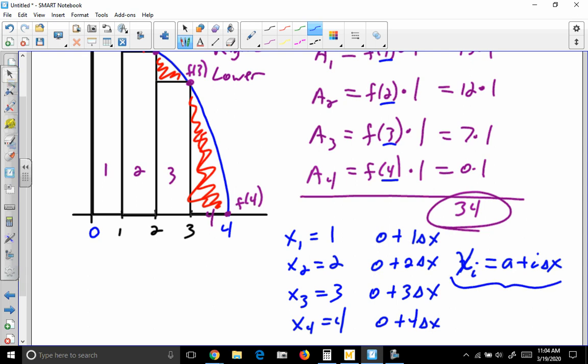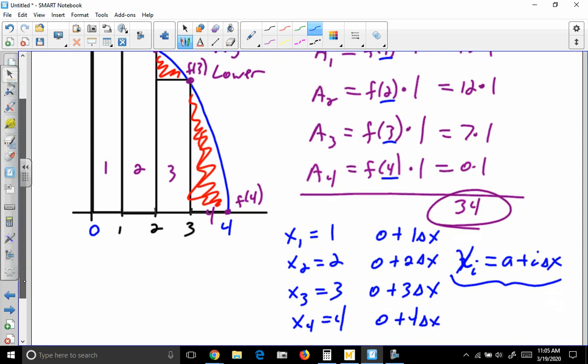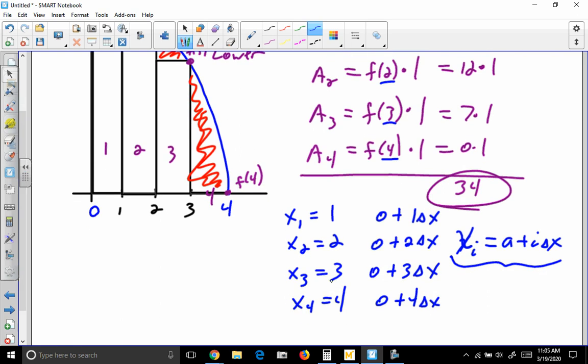So often, as we let the number of rectangles go to infinity, we use this formula because it's easier to evaluate. And if we do the left-hand sum or the right-hand sum, as we get more and more rectangles, we're going to get a better and better approximation. And as n goes to infinity, the left and right-hand sum are going to approach each other.